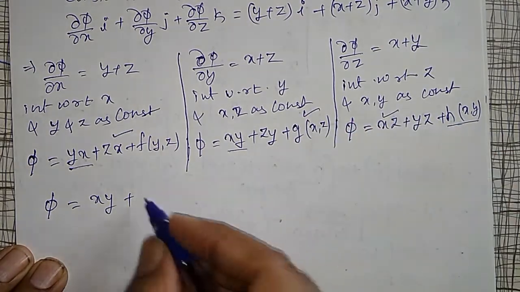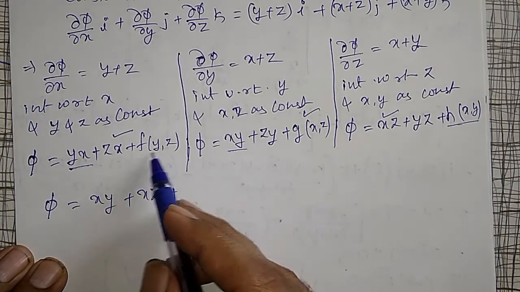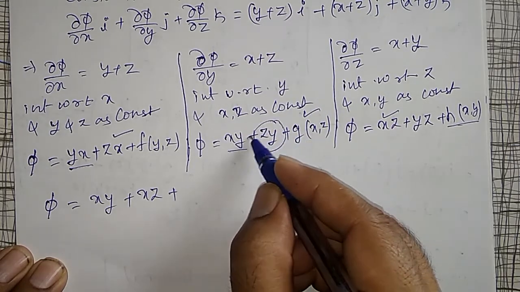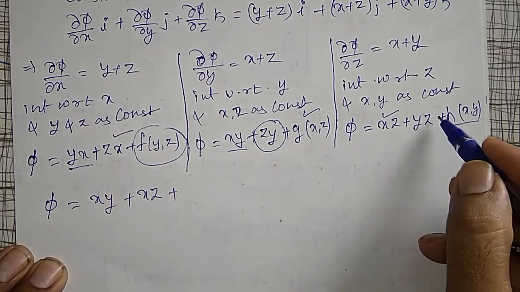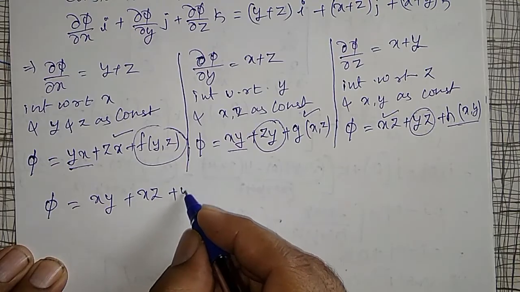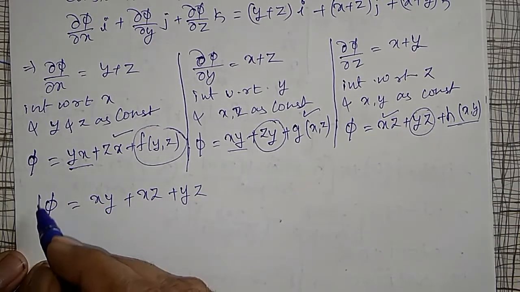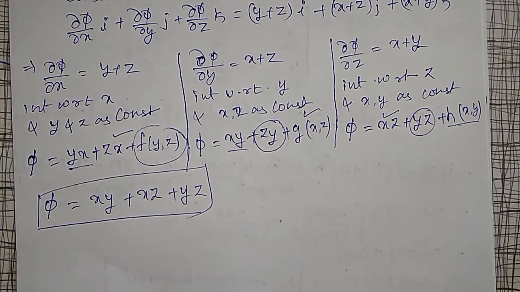Here it is present, therefore xz. Similarly yz is present in the second and third, therefore yz. All the three terms have been concluded. Therefore, this is my required scalar function phi of x, y, z for this particular example.